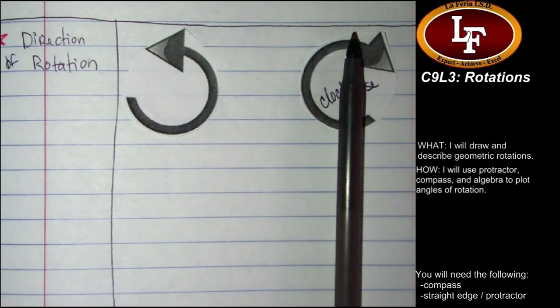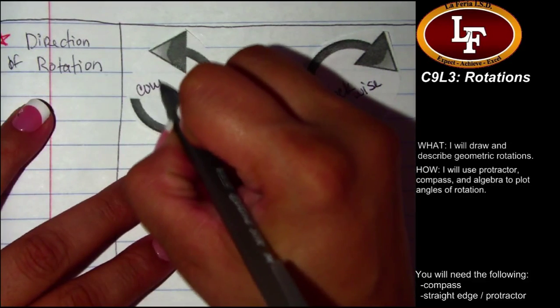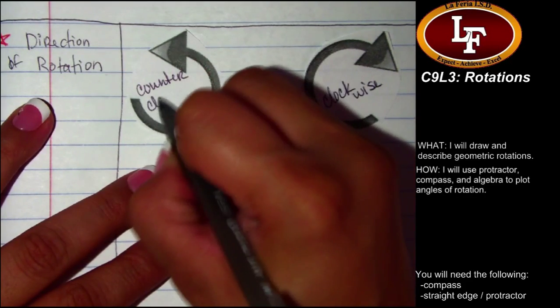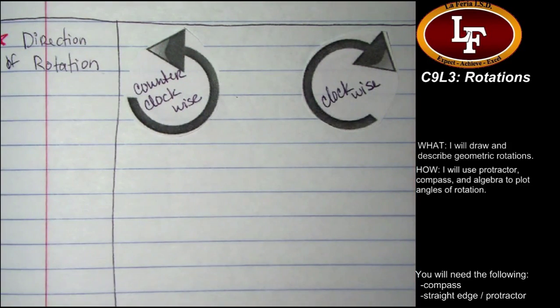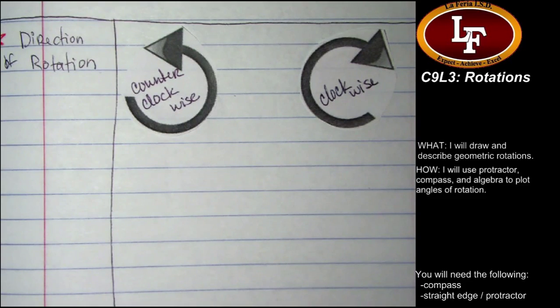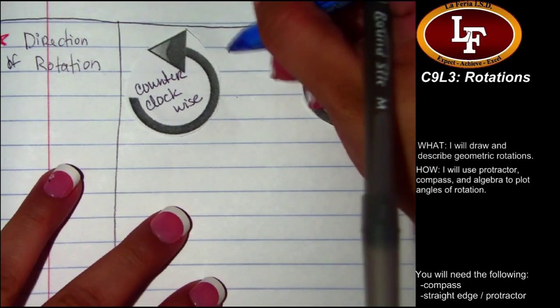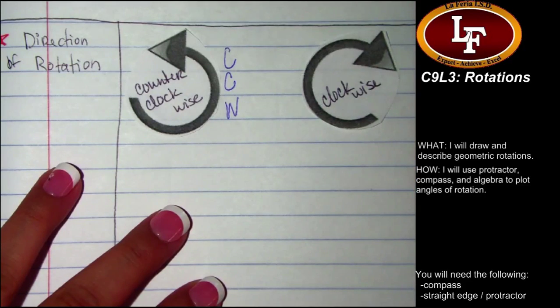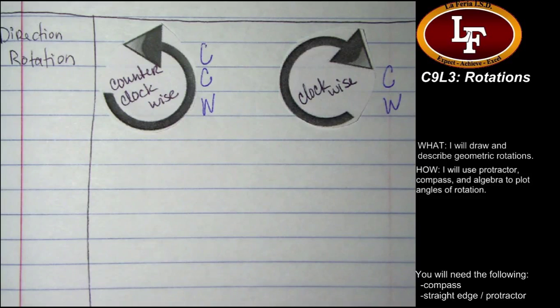Because the hands spin in that direction, that's called clockwise, which means the other one is counterclockwise because it spins in the contrary motion of the clock. Backwards. And because I am lazy, I want to abbreviate these. So counterclockwise will be CCW and clockwise will be CW. Your homework, quizzes, and tests will have the full words written out, but when I'm doing notes, I am going to abbreviate.